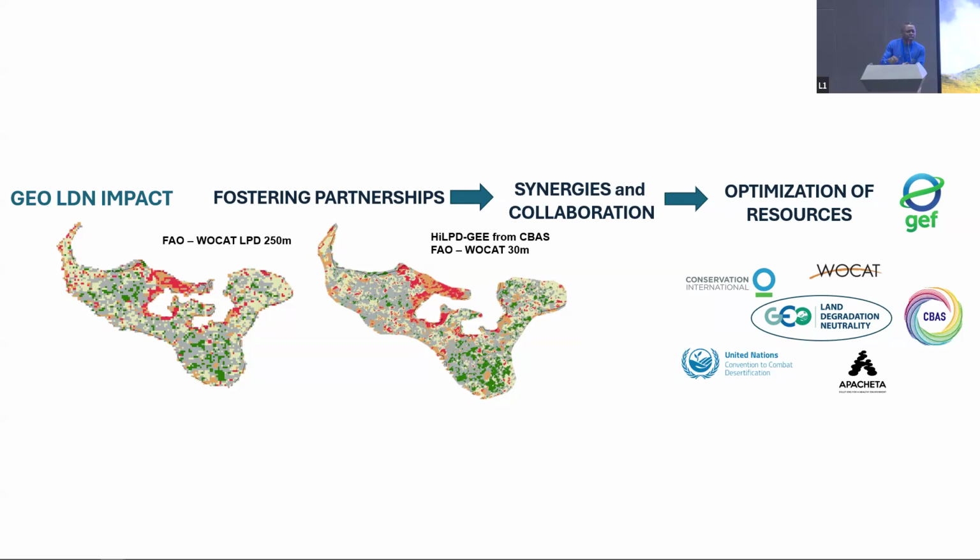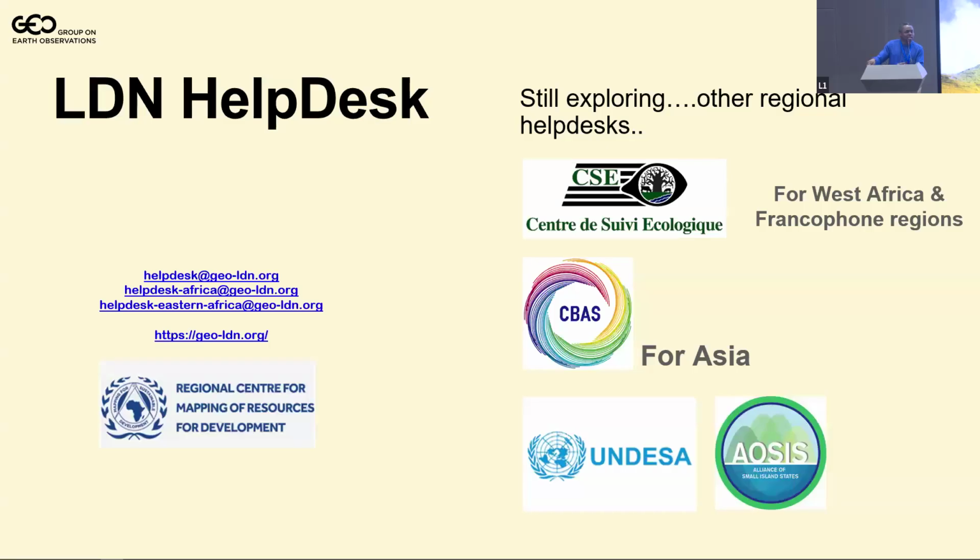So we've been working to see, for small island states, how to reduce the resolution from FAO and others so that they can see how it is relevant for them. Those are some of the things as we work towards our GeoKnowledge Hub to see how we can improve all of these things.